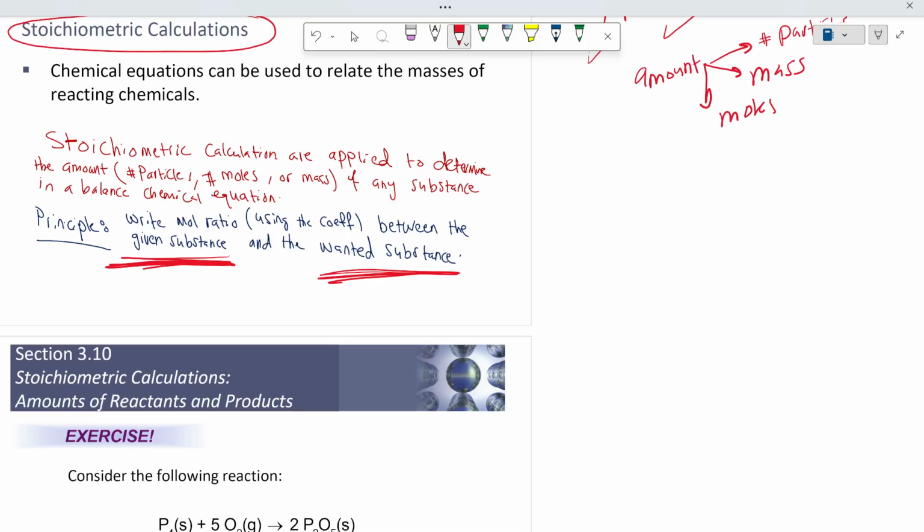Given means we have available information about its amount. The same question will ask you to determine the amount of another material, another reactant or another product. So here you should identify the given substance and the wanted substance. After that, write the mole ratio between them using the coefficients in the balanced chemical equation.